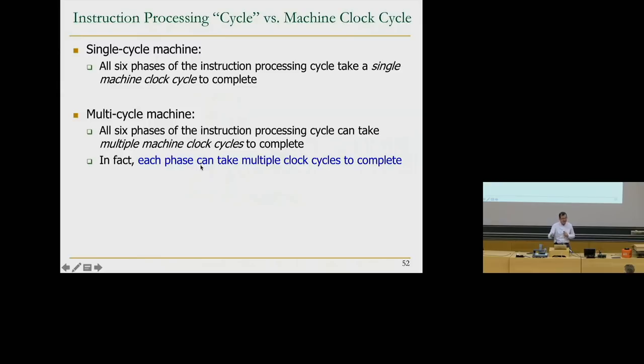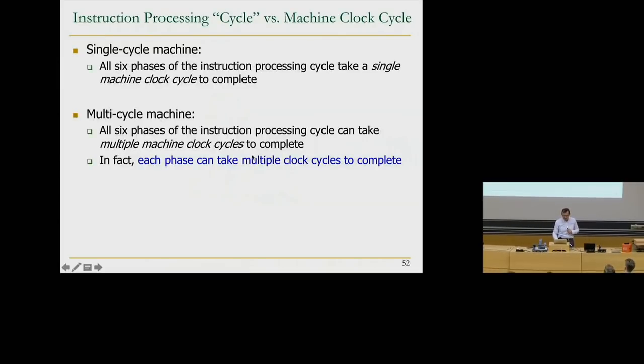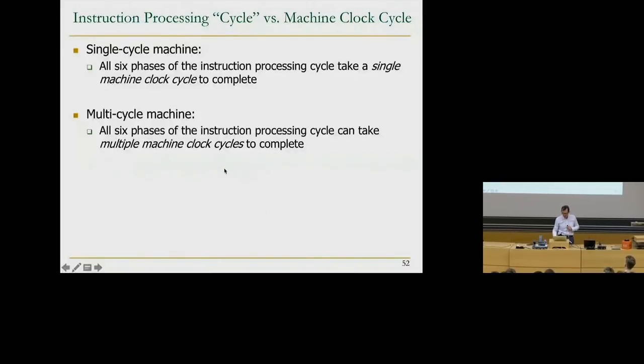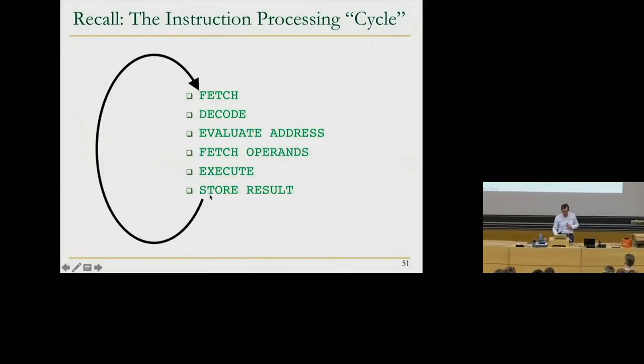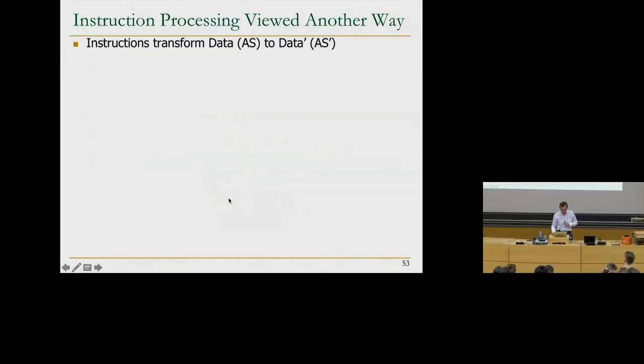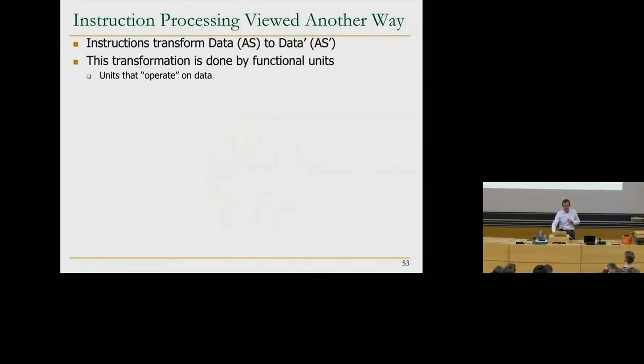In fact, each phase, fetch for example, can take multiple clock cycles if you want. Evaluate address can take multiple clock cycles. So that's the view you should take. Not everything happens in a single clock cycle. For some instructions, it may take 20 clock cycles to finish this.